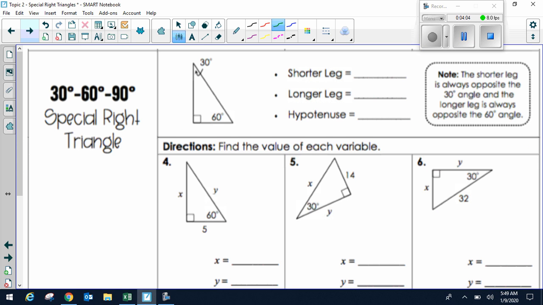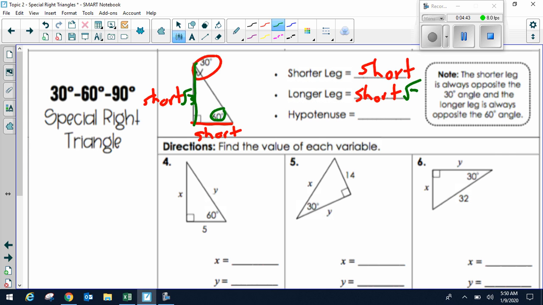The other special right triangle is called a 30, 60, 90 right triangle, and there are three things. You have the shorter leg, and the shorter leg will always be opposite the smallest angle. Our smallest angle in this triangle is 30 degrees, so this is my short leg. You have your longer leg, which is always opposite the 60-degree angle, and the rule is your short leg times the square root of 3.